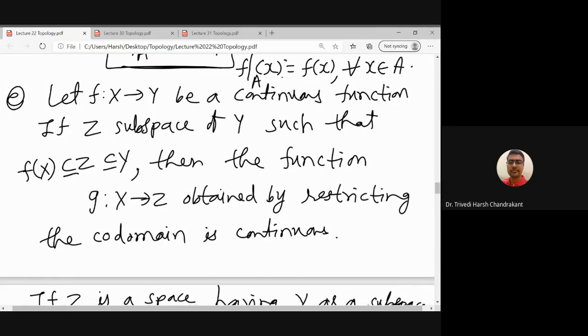In an earlier lecture, we discussed one result related to continuous functions.